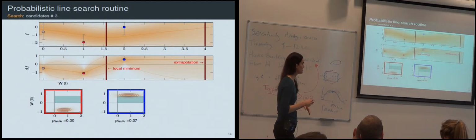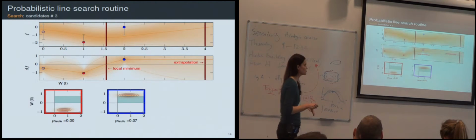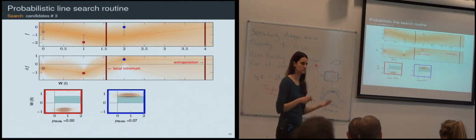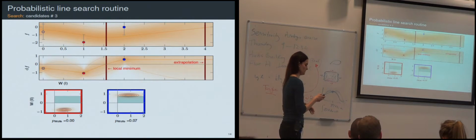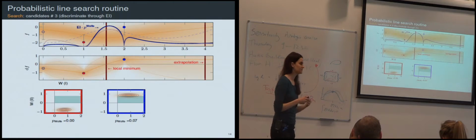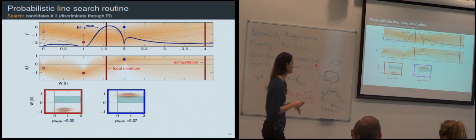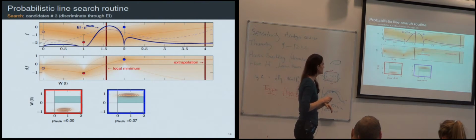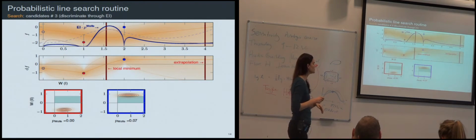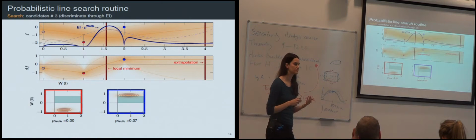And now we have two candidates. One is another extrapolation point, and the second candidate is the local minimum of the posterior mean. So here you can see it goes through 0. It's a local minimum. So this is very similar to the classic style. Then we want to decide where to actually evaluate. The thick blue curve is the product of the expected improvement and the probability that the Wolfe conditions are fulfilled.